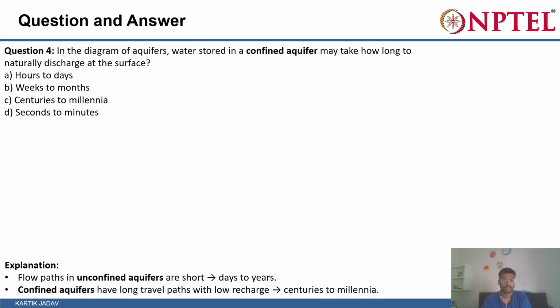Question number 4. In the diagram of aquifers, water stored in a confined aquifer may take how long to naturally recharge at surface? Generally, for an unconfined aquifer, we know that water requires a shorter time, in the range from days to years, while a confined aquifer is a deeper aquifer.